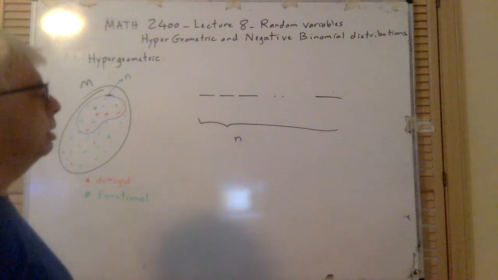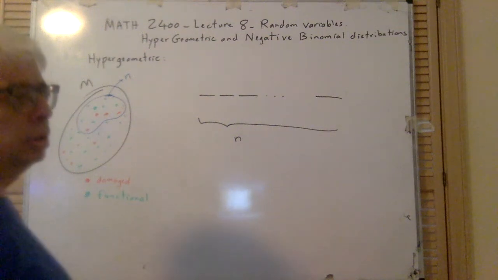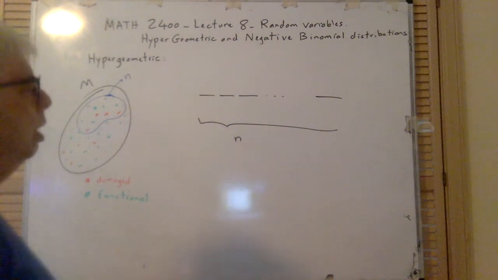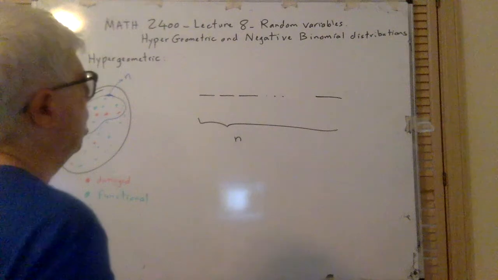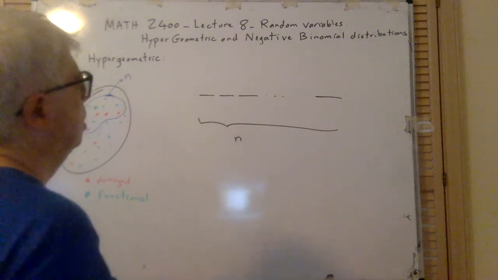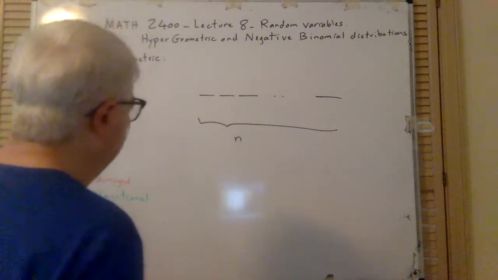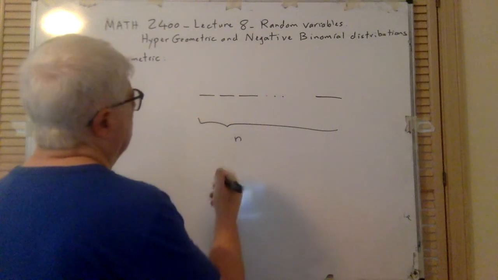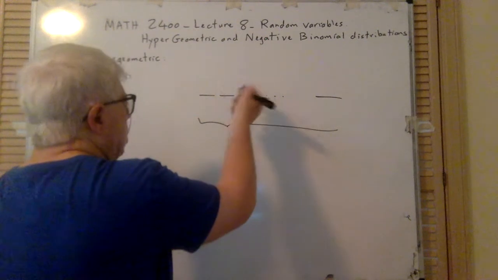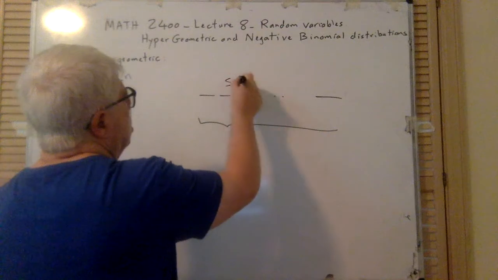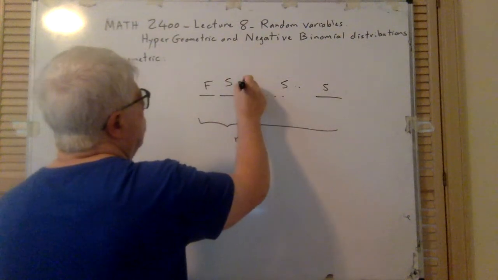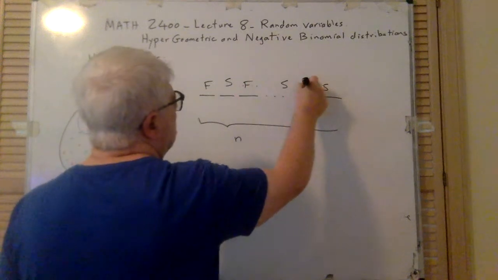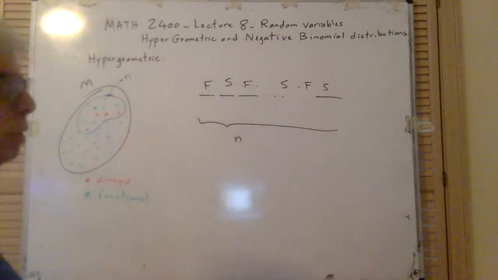So some are S and some are F, like success and failure. And we want to see in how many ways we can have some successes here. And definitely there are some failures, right?